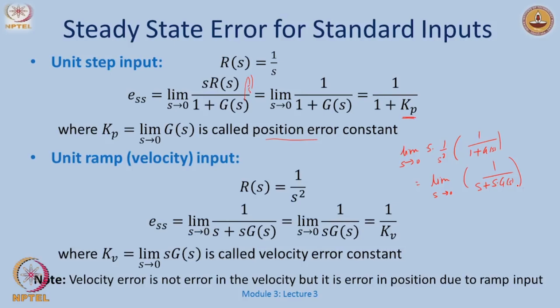Okay. So, now this s would go to 0, and what I am left with is the limit as s goes to 0 of s times g of s, and I call this Kv, where Kv is the limit as s goes to 0 of s times g of s, and I call it the velocity error constant.